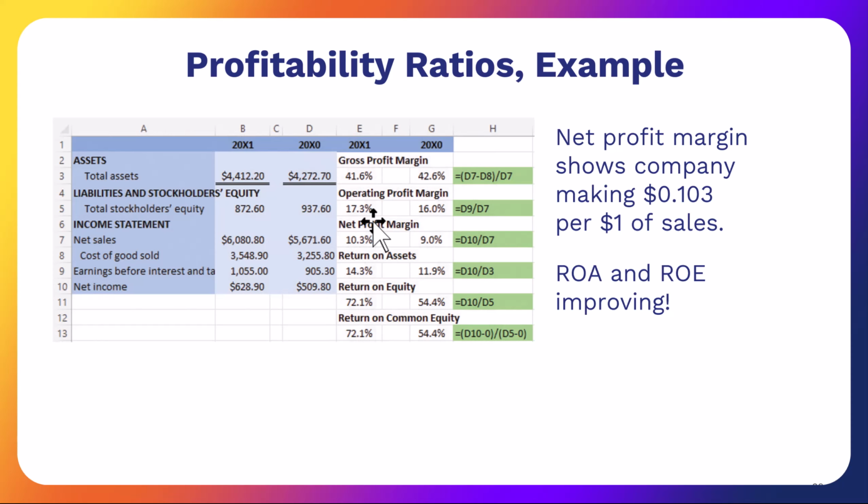But as an investor, we notice that there's really not that dramatic of a change. If I were an investor, I would want more than a couple of years to see if we had any real trends to look at. If you look at the return on equity, we see that there is a huge increase in the returns to shareholders.